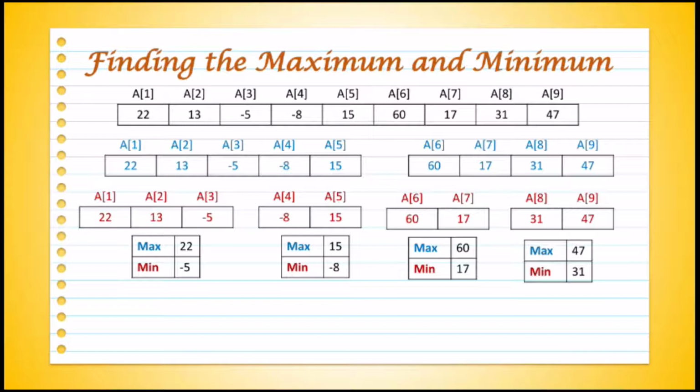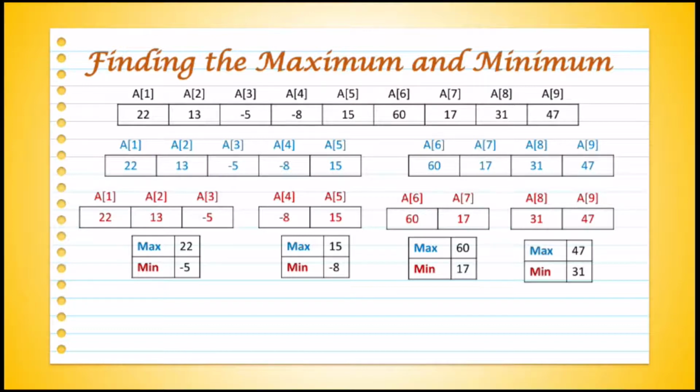Now we will take the first array's solution and the second array's solution, where the first is from the first to the third element, and the second is from the fourth to the fifth. Between 22 and 15, 22 is the maximum value, and between -5 and -8, -8 is the minimum value.